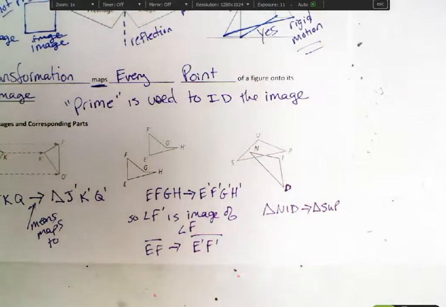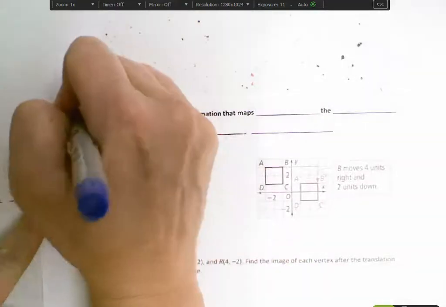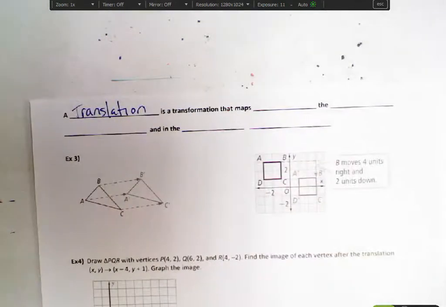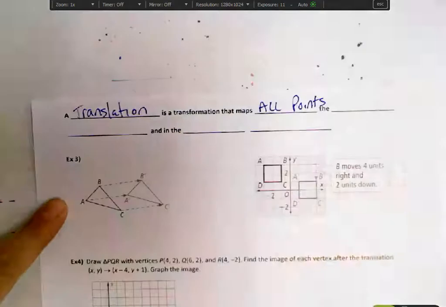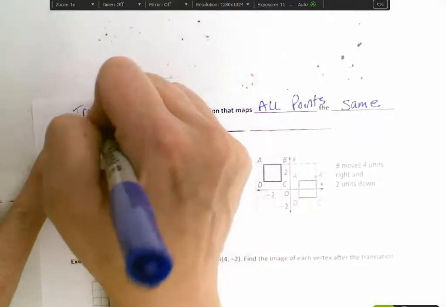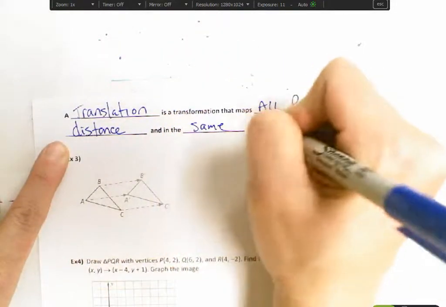So let's take a look at translating stuff. So that was just general vocabulary for the whole chapter 9. Let's get into specific types of transformations. Today we're going to look at translation. So a translation is a transformation that maps all points the same distance and in the same direction.